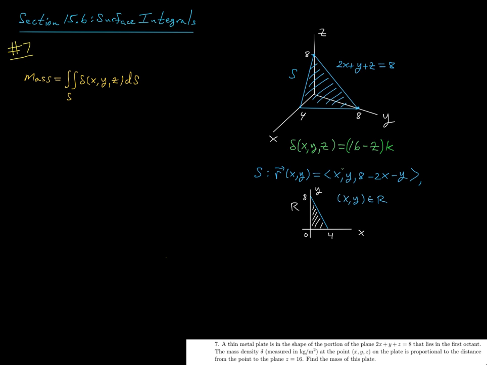So I'm going to use an explicit parameterization: r(x, y) = (x, y, 8 - 2x - y). Note also the domain, in other words the region in which we let the point (x, y) range, is the projection of our surface onto the xy plane, and that's going to be this triangle here.